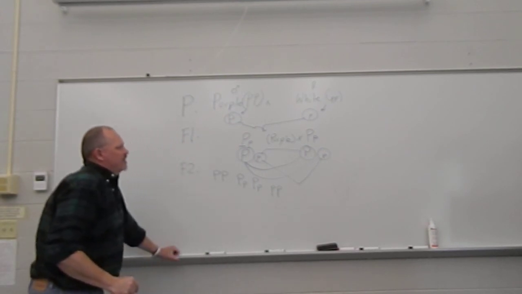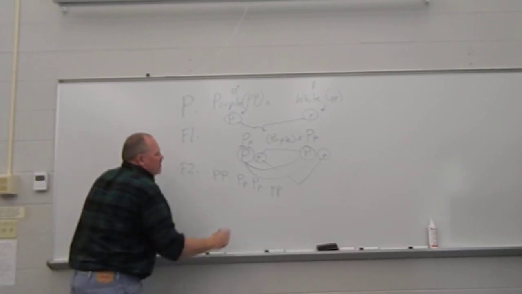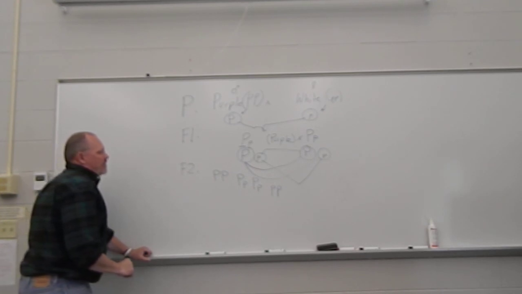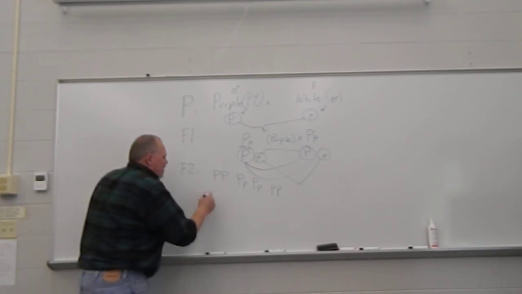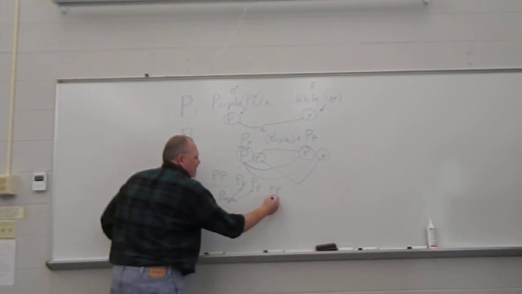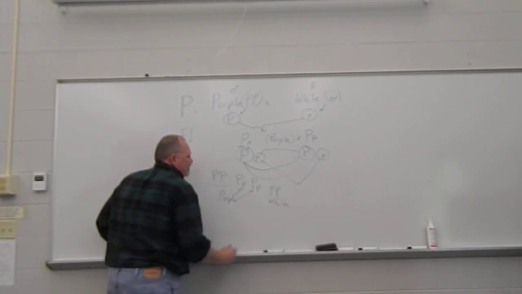Okay? So 4 individuals, 4 possibilities, all right? This individual is going to be purple. This one is too, and this one is too. This one is going to be white.